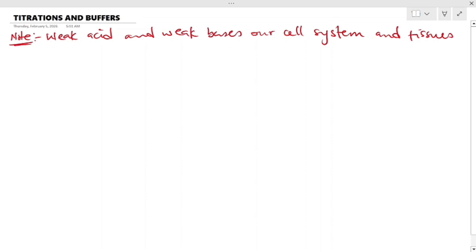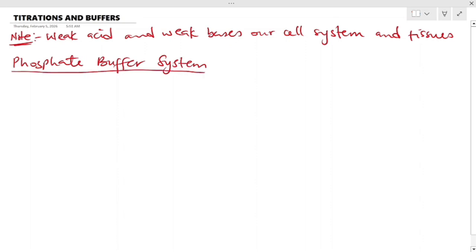So next we want to look at an example of a buffer that buffers our cell system and tissues. The example of a buffering system is what? The phosphate buffer system.